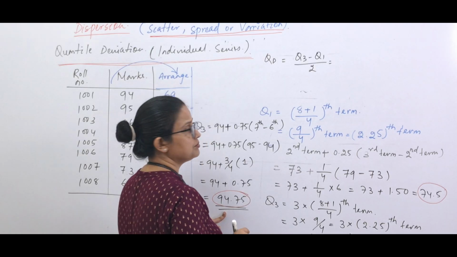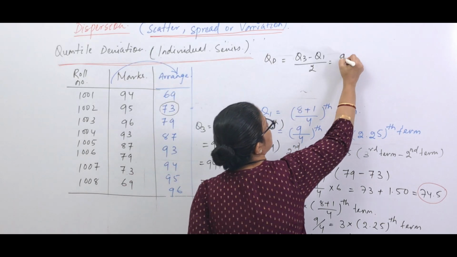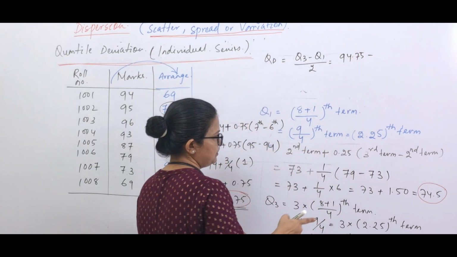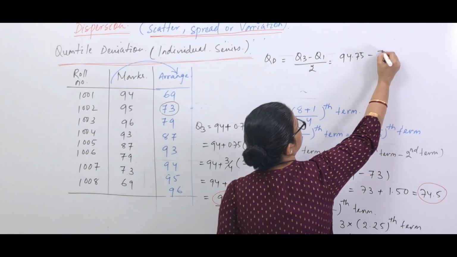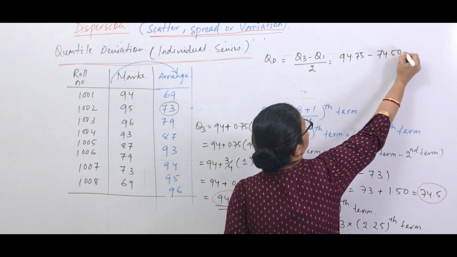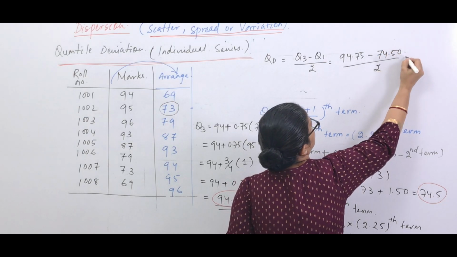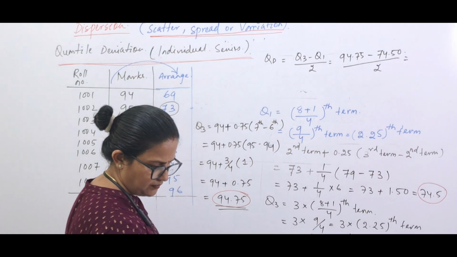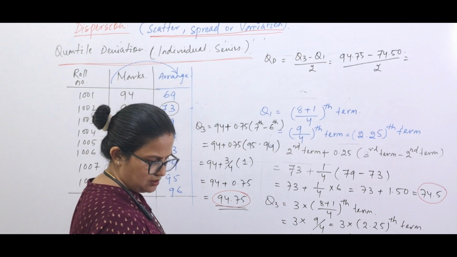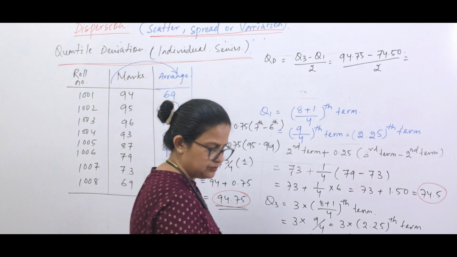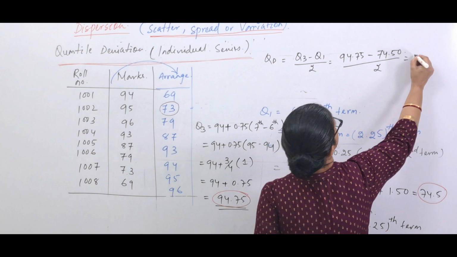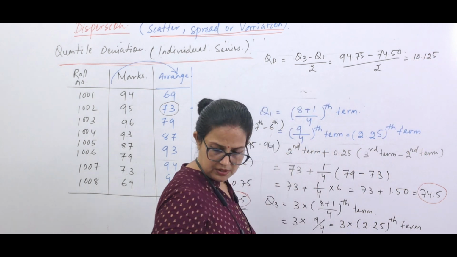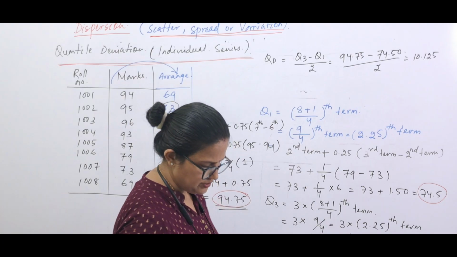Q3 is 94.75 minus, what is Q1? Q1 is 74.50, divided by 2. So how much is it coming? It is coming 10.125. This is our quartile deviation.